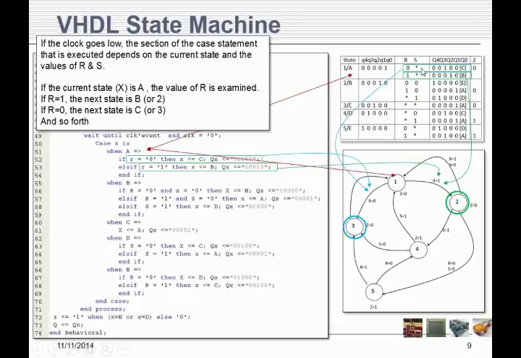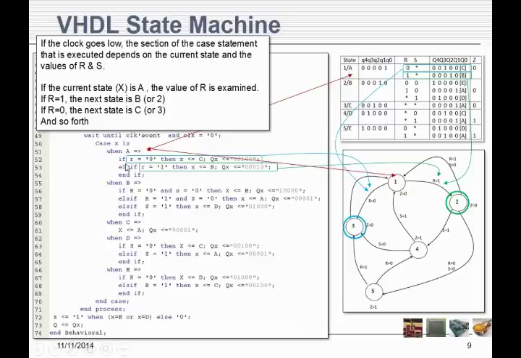Now the table also shows it, so I don't need both of these, the diagram and the table. I just need one. So here it says if R is a 0, my next state's going to be C, and here are the values of my flip-flops, and my output's going to be a 0. Well, all that says that here and down here at the end of the process.